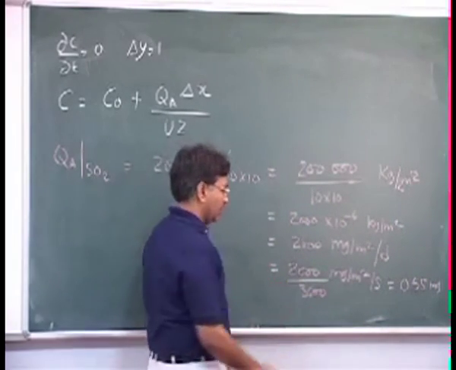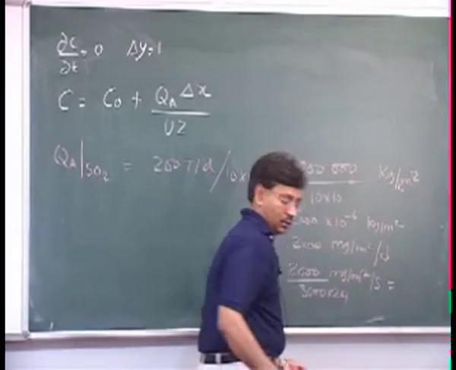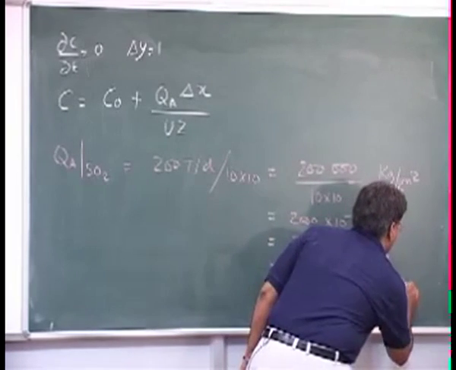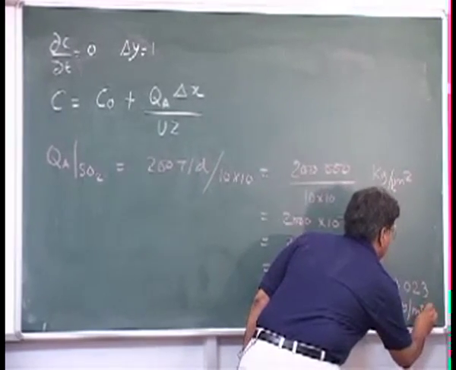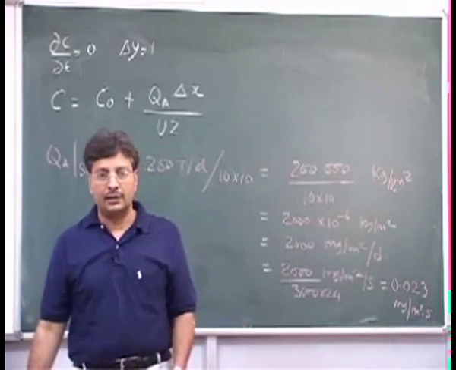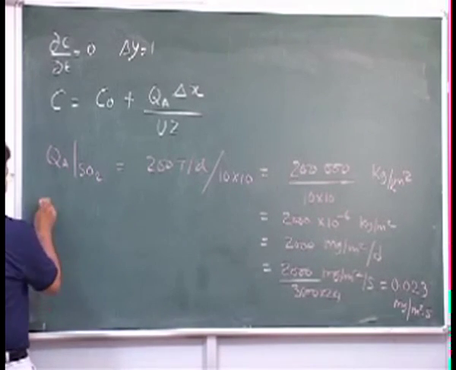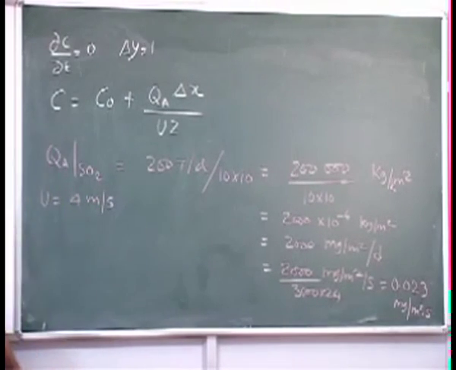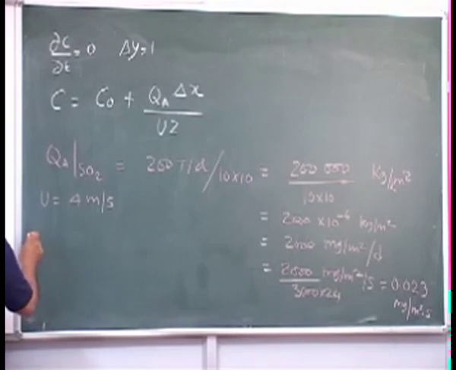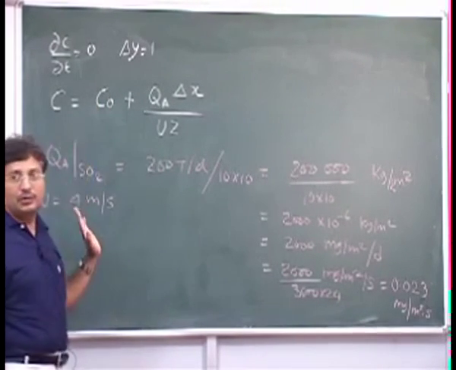I want to get in, oh yes, there has to be 24 too. Suppose this is the number, and wind speed was, let's say, 4 meters per second, that's average wind speed. Alright. So then I can simply find out C. Suppose initial concentration outside Kanpur, I assume that to be 0.